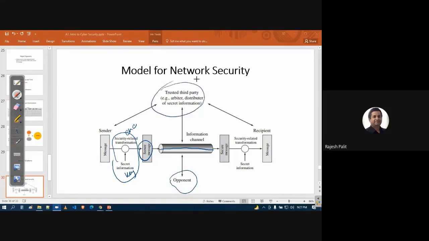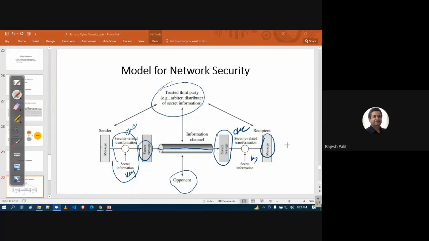Then the recipient receives the secure message. Using the opposite of this transformation, the decryption and the key, the receiver produces the original message. So this is the model of network security.